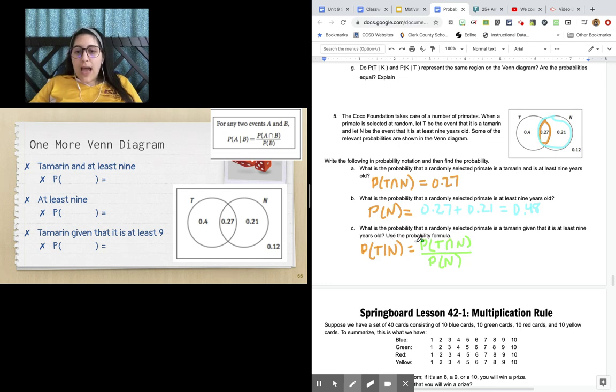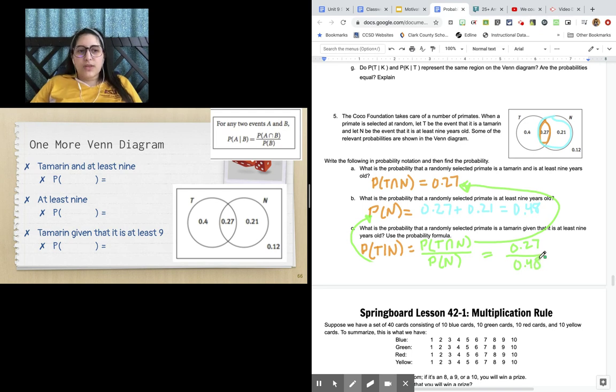So you have both of these probabilities already, right? Probability of T and N you have up here, and then the probability of N you have right here. So let's just plug those values in. So I get 0.27 on the top divided by 0.48 at the bottom.